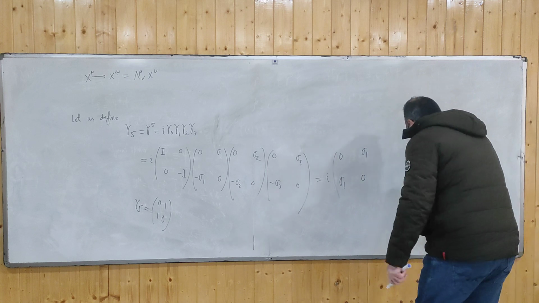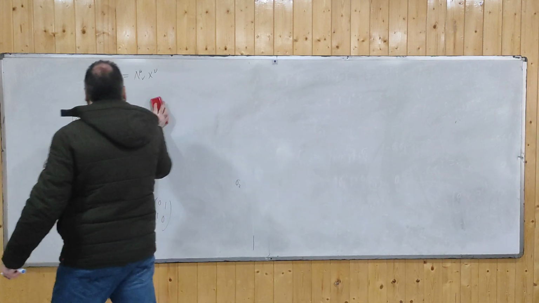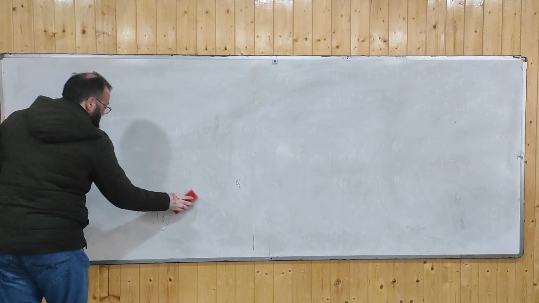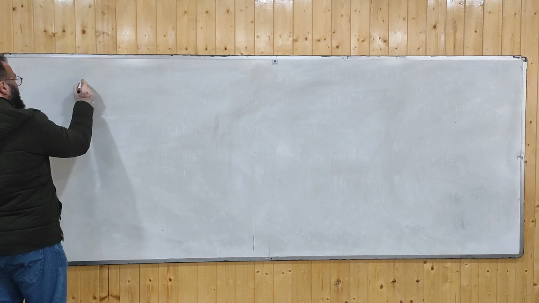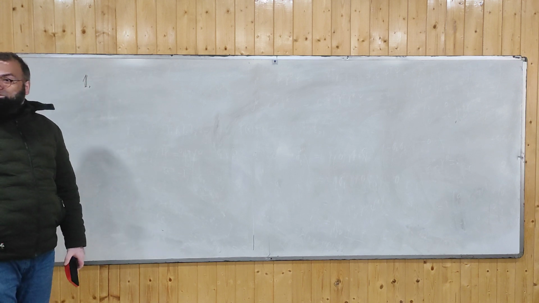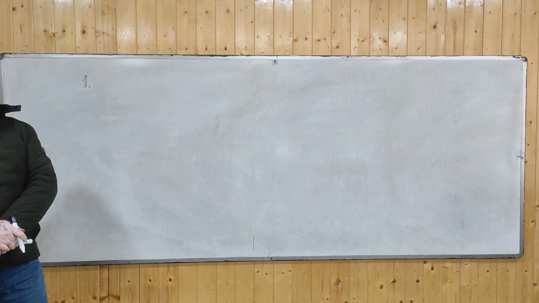We can construct out of these gamma matrices how many? So we are having this identity matrix, and a set of gamma matrices. Out of these gamma matrices, we can construct the following set.